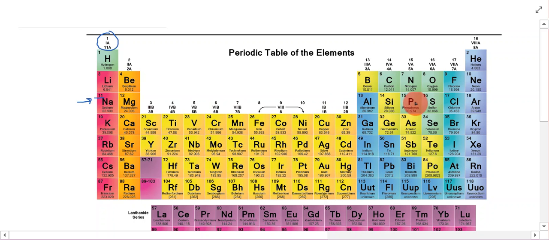As the atomic number increases, these elements are less likely to lose electrons. Over this side, these guys want to lose electrons. As we move across over here, it's harder for them to lose electrons. They want to actually gain electrons, or take electrons off other elements.